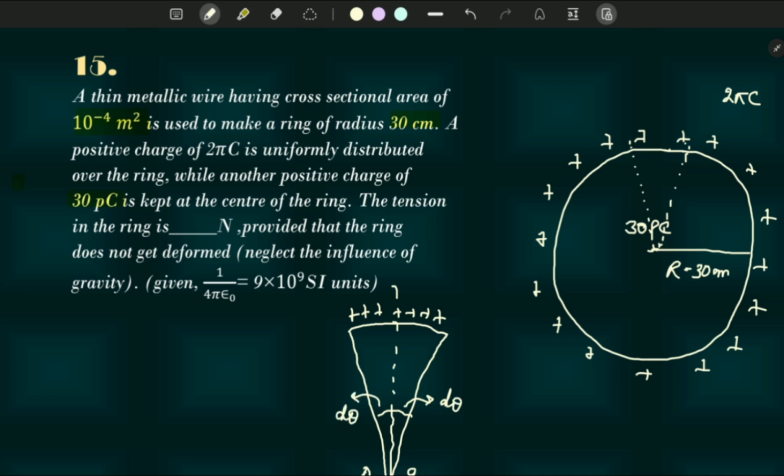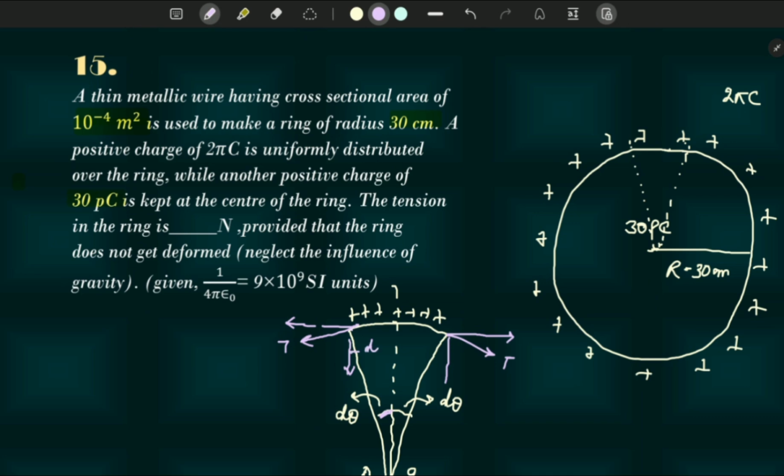Now I can say that tension will be in this direction, T. Why? Because we have already studied that tension always acts along the body. Now if you want to convert this into its components, so this will be its two components. So if this small angle is d theta, this small angle will be d theta.